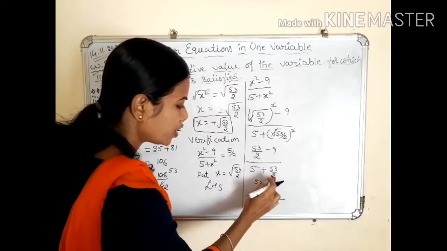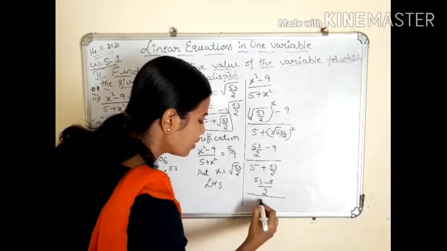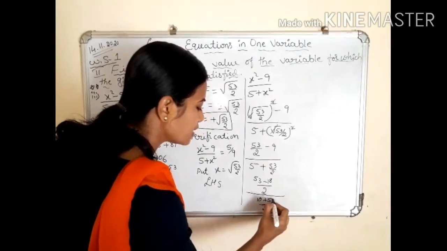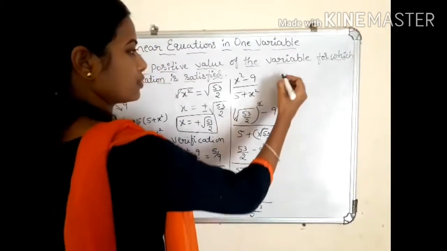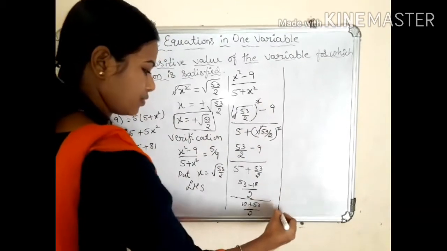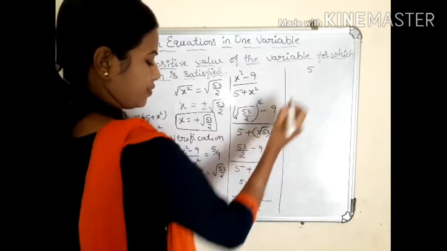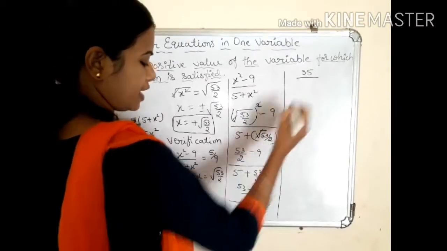Again in the denominator, 2 as the LCM: 5 twos are 10, plus 53 as it is.